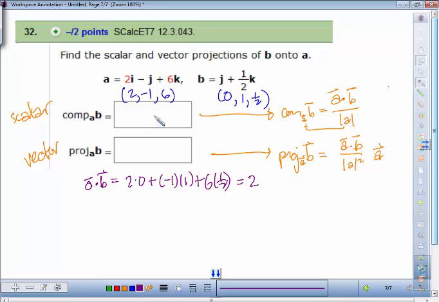And then we want the magnitude of A. We don't care about the magnitude of B, so we just need the magnitude of A. So the square root of 2 squared plus 1 squared plus 6 squared. So 36, 40, 41, is that right?